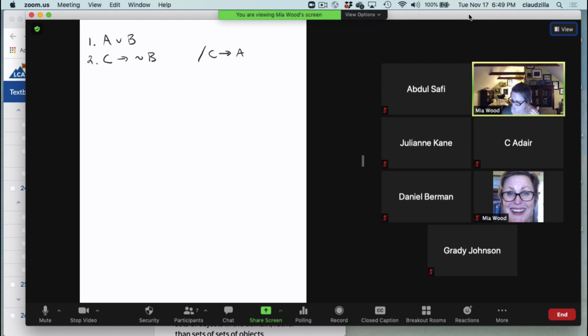When my conclusion is a conditional claim, I set up conditional intro, which is to say, I assume the antecedent, the left side of the arrow. I derive the consequent, the right side of the arrow, so that I can then exit the subproof and say, look, I've just proven that if I have C, then I have A, conditional intro by way of lines 3 to whatever. We're not sure yet. Is that what you're thinking?